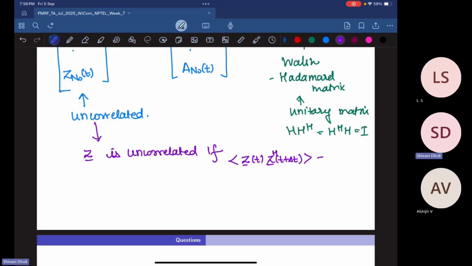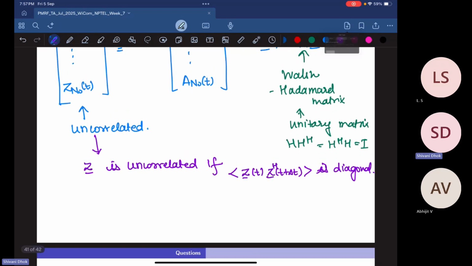Not identity, is diagonal. If that is the case, then it will satisfy whatever we need. So then only we'll get uncorrelated things. Basically, if you are looking at different points like z1 of t and z2 of t plus delta, then these two should be uncorrelated for all t1 and t2, or for all delta t's. Okay. So now let us see this.